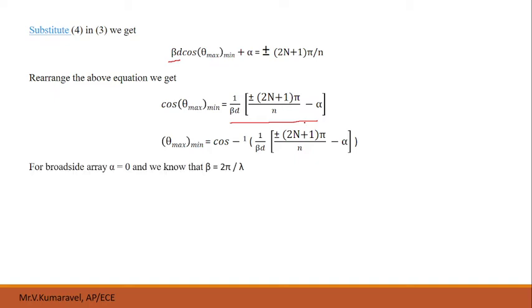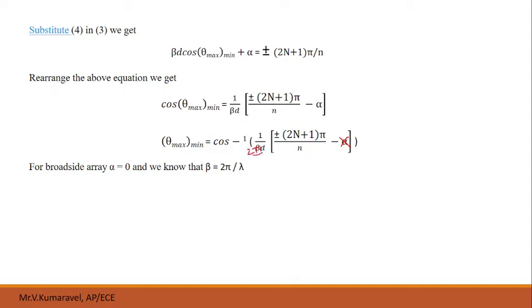Now let us consider a broadside array, where alpha, the phase difference between two adjacent sources, is 0, and we know that beta equal to 2 pi by lambda. When we substitute alpha equal to 0, this term we can eliminate, and we substitute beta equal to 2 pi by lambda.